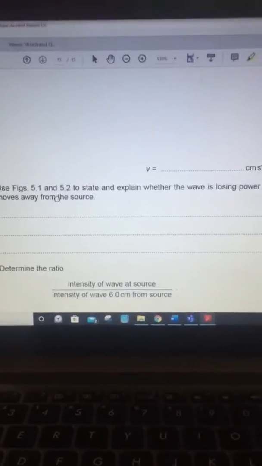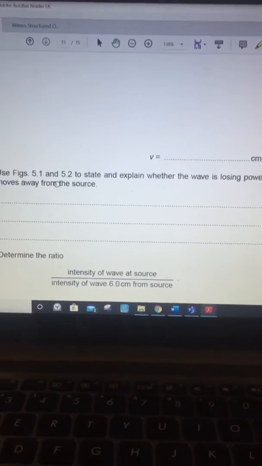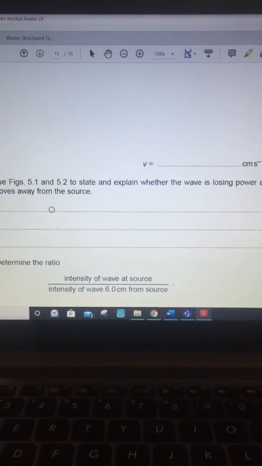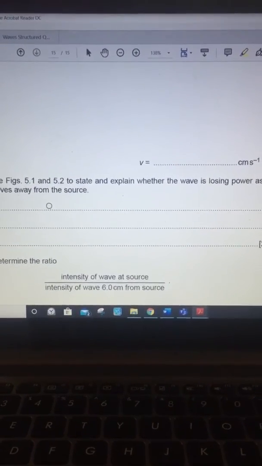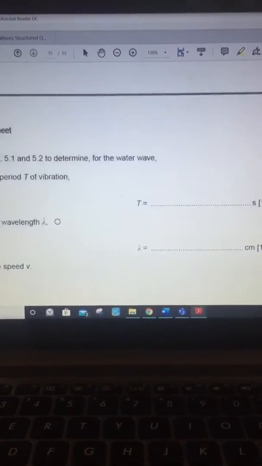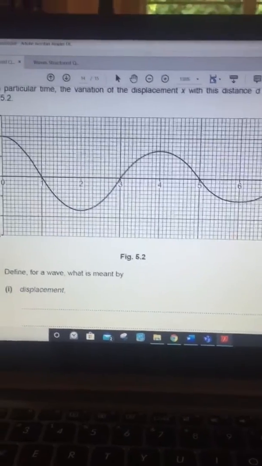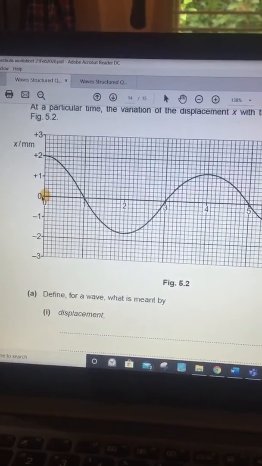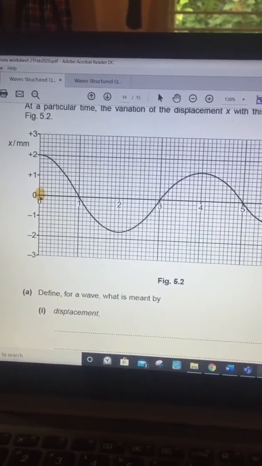Then use figure 5.1 and 5.2 to state and explain whether the wave is losing power as it moves away from the source. Well, this is the source where the distance is the coordinate, the origin.